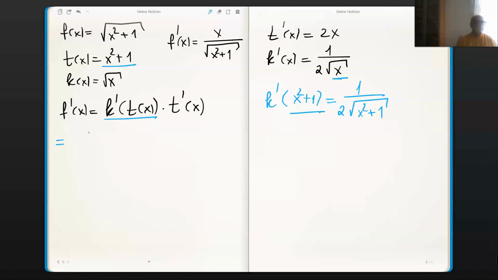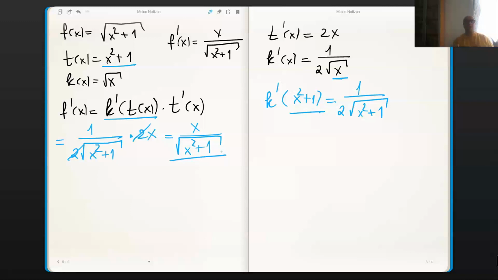So what we have is 1 divided over 2 square root of x squared plus 1 times 2x. Boom, boom, bam, bam. And what we have is x divided over the square root of x squared plus 1. Way easier to compute in this case. And gladly, we do have the same result, which proves it. It's nice. Okay, let me do one more example maybe.